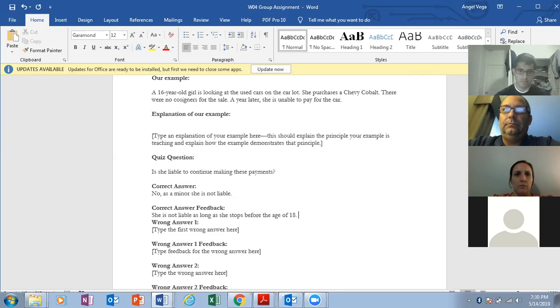Ratification or, they either affirm or they ratify at 18, but then there's a reasonable amount of time after they turn 18 where they can still void it. So would it be she's not liable as long as she ratifies the contract before the age of 18? No, because she can't ratify it until she's 18. Until she's 18. Okay.